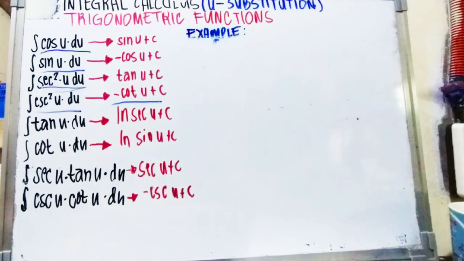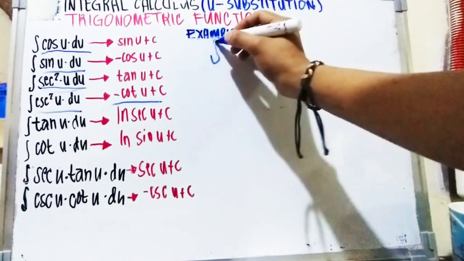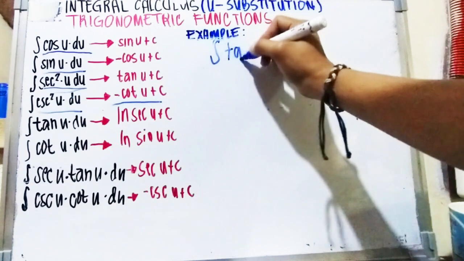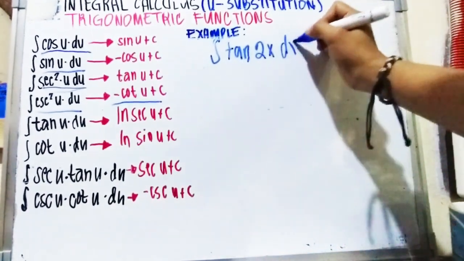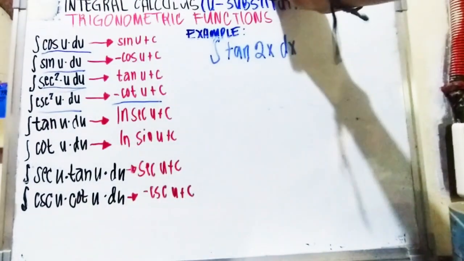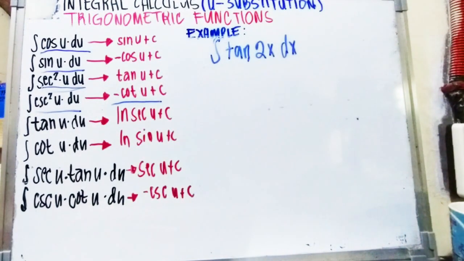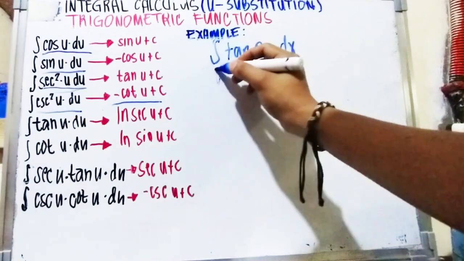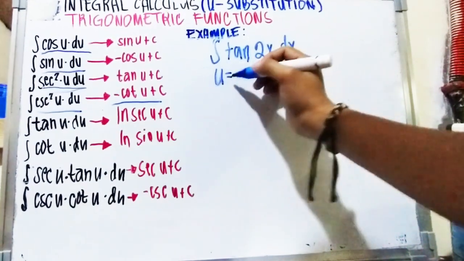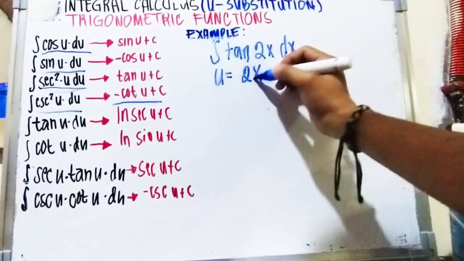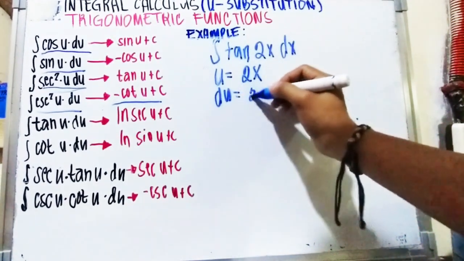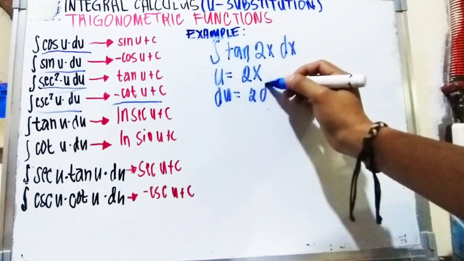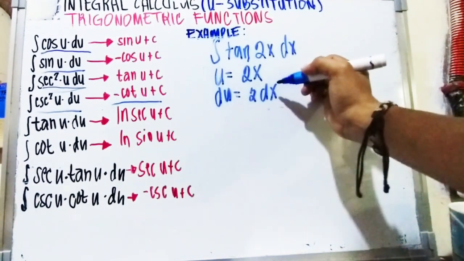Let's solve for another example. Integrate the function tangent 2x dx. So, let u is equals to 2x. Our du, or derivative of u, is 2 dx.